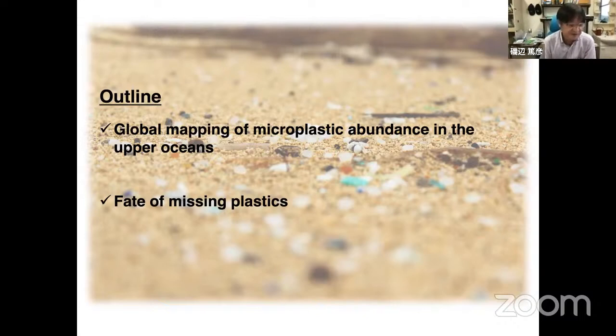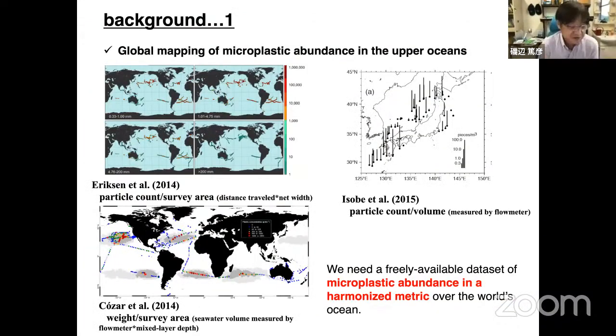This is a very, very famous paradoxical phenomenon in marine plastic research. The second topic is made by using numerical modeling, validated by the global mapping shown in the first topic.